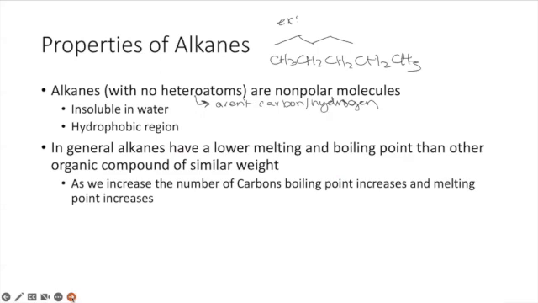So alkanes are insoluble in water, typically very hydrophobic. They dislike water. And in general, they have a lower melting point and boiling point than other compounds of similar weight.